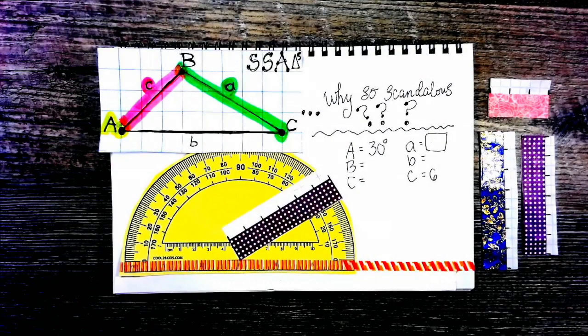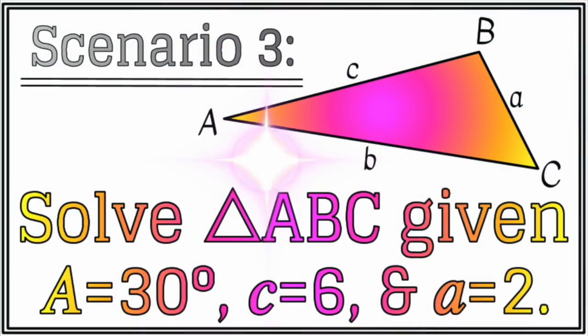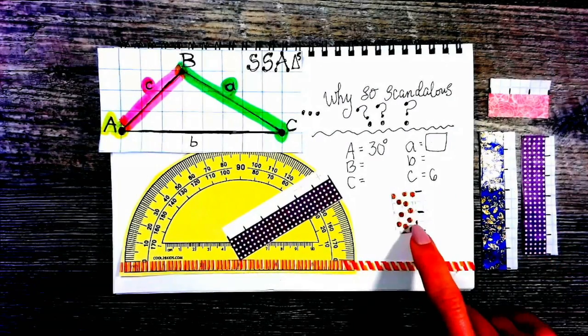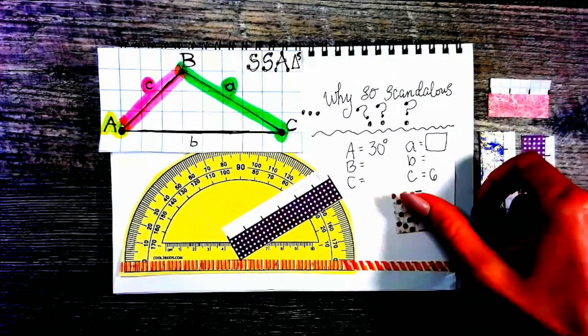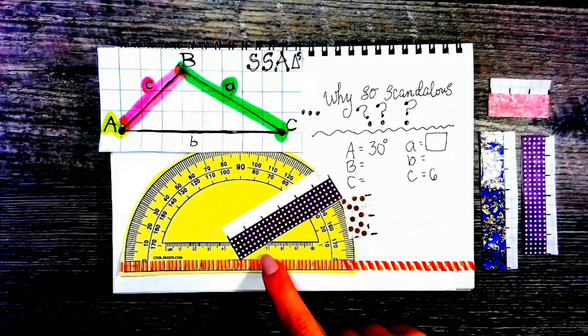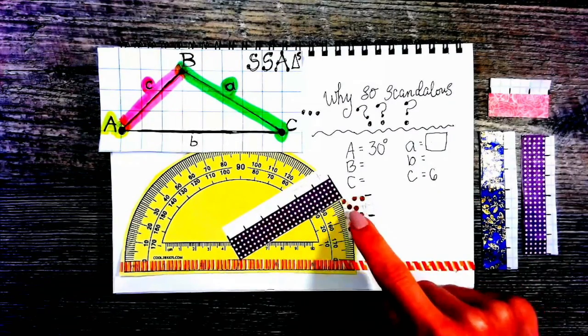Example 3, we're going to allow side length A to equal 2. So here I have a little segment, and this piece has the length of 2 units. Now if I try to attach this up here, I have 30 degrees, 6 units, and 2 units.